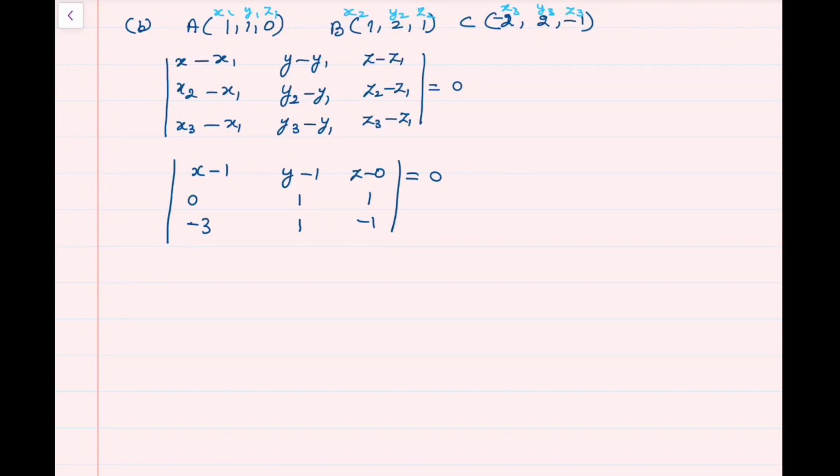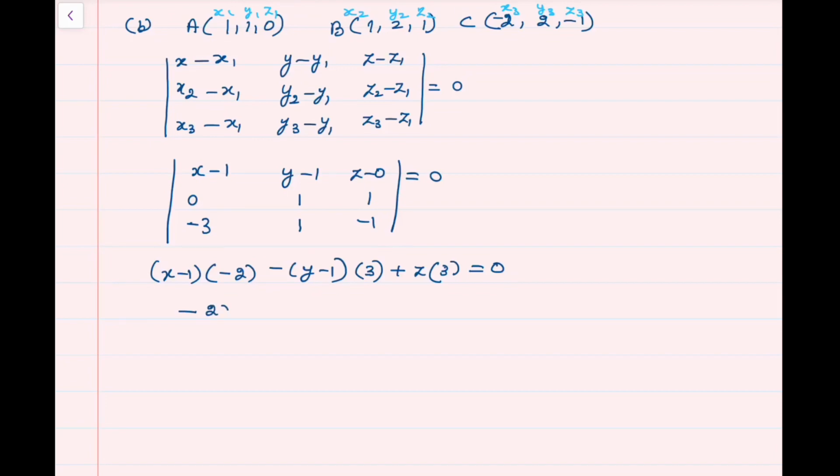Let us expand this determinant. X minus 1 times minus 1 which is minus 2, minus of y minus 1 times 0 plus 3 which is 3, plus z into 0 plus 3 which is 3, equal to 0.